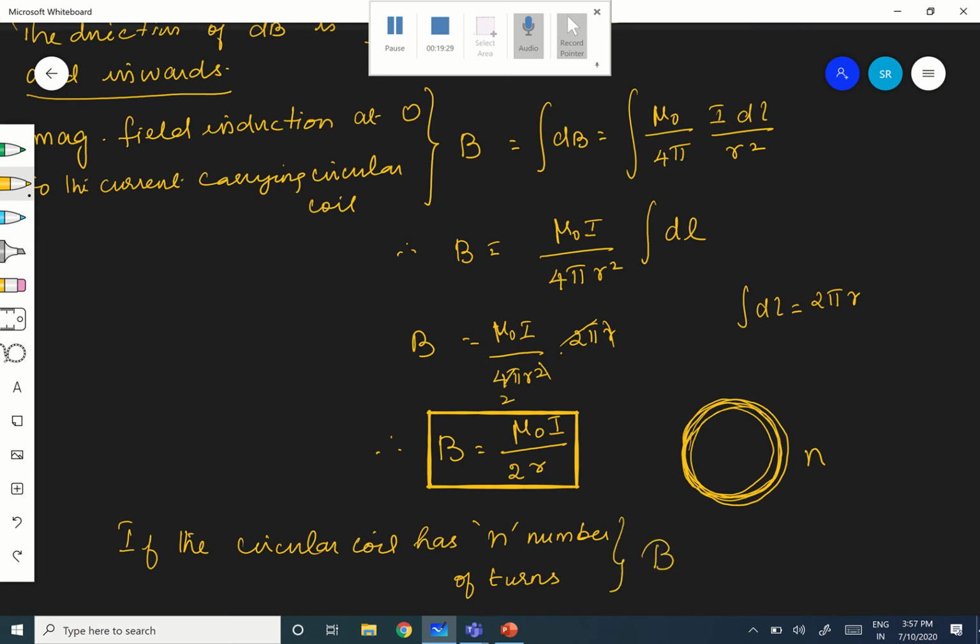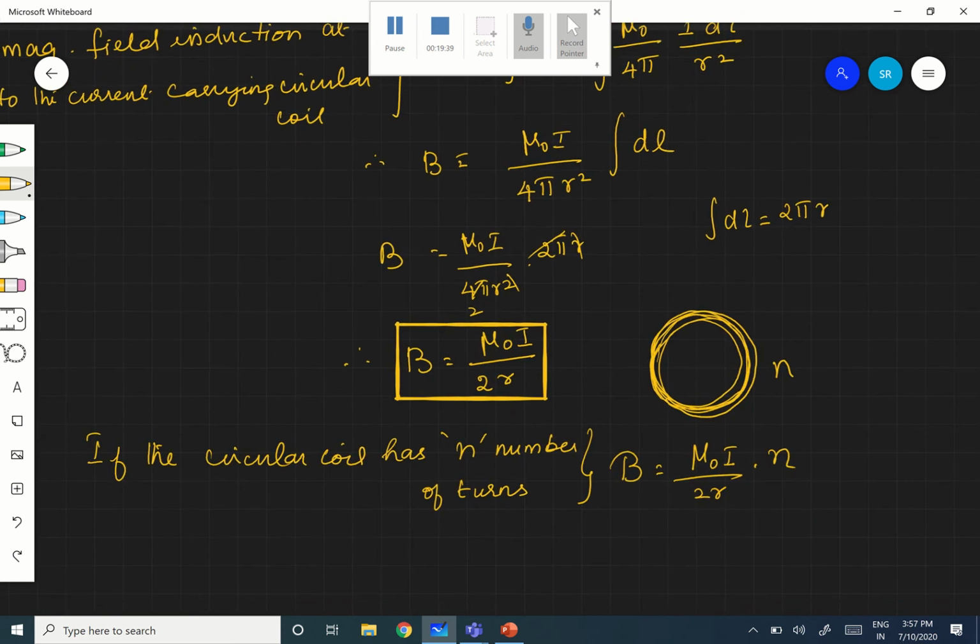B equals mu naught I by 2R is for a single coil. For n number of turns, it is multiplied by n. Therefore, B is equal to mu naught N I by 2R. Are you following, children?